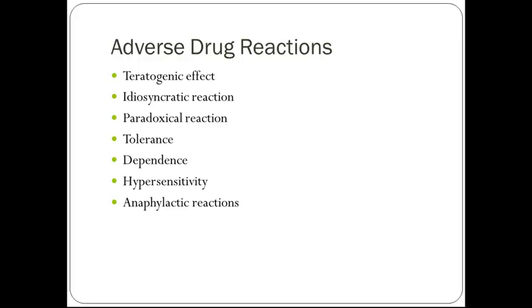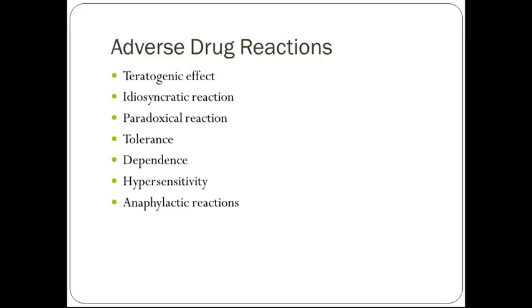Then there's category C, where no studies have been done, either animal or human. So we really don't know the effects, so it's kind of at your own risk. Category D risks the fetus, so all patients on medications in this class should be taken off while pregnant. And then category X has teratogenic effects on the fetus and is contraindicated for anybody who is pregnant.